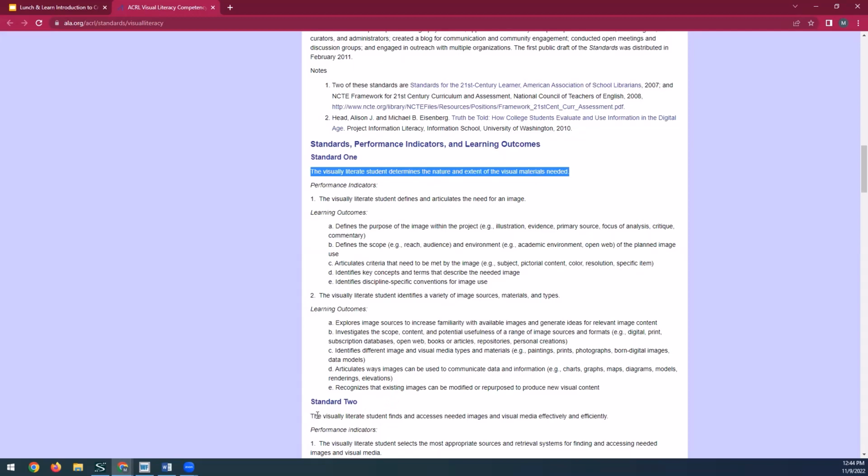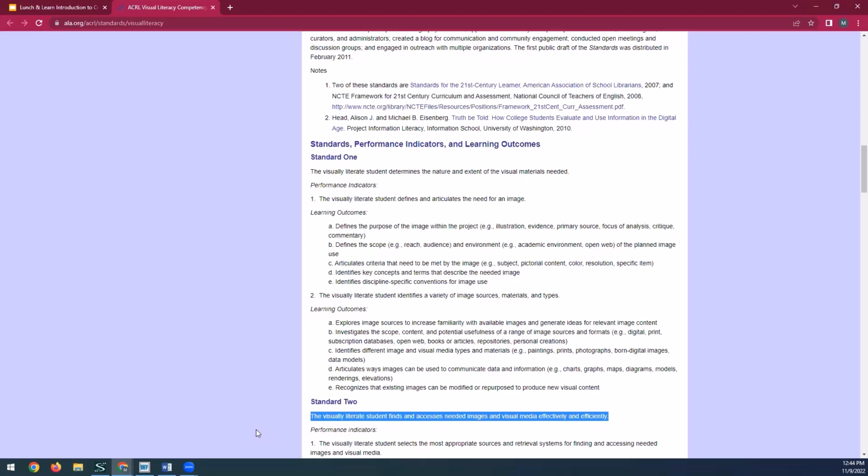And then also a visually literate student finds and accesses needed images and visual media effectively and efficiently, meaning that they find the information correctly, ethically, and can identify where they can find the information.